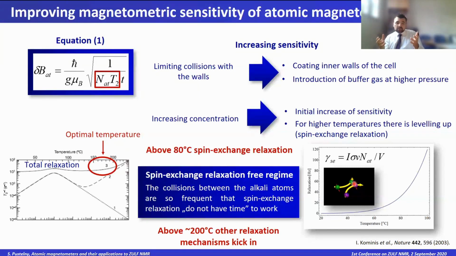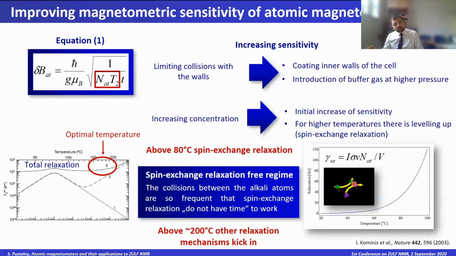Now we are talking about 10 to the 12 atoms per cubic centimeter, and they start to collide with one another. And this turns on some important relaxation mechanisms. One of them is called the spin exchange relaxation mechanism, in which 2 colliding atoms are reversing their spins, which is actually a bad thing because they start to precess in opposite directions, and they start to lose their coherence.